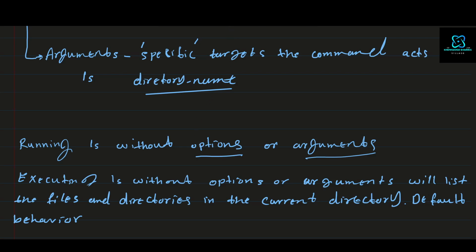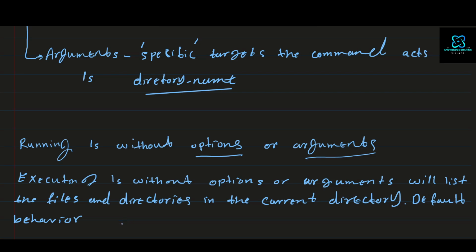So when you execute the commands without any option or argument, each of them has a specific default behavior, and we have talked about what the default behavior of the ls command is. It is to show the visible files and directories of the current directory that you are right now in, in alphabetical order.